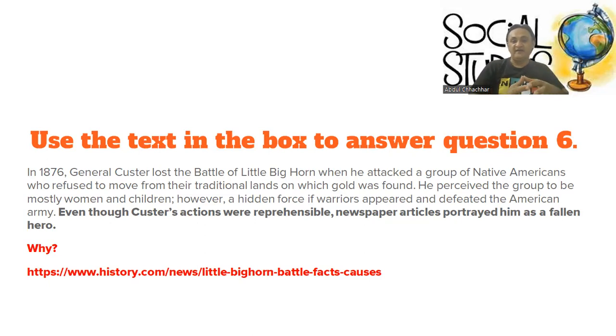That's why he lost. Even so, the US government portrayed him as a fallen hero. The question is why they wanted to do that. There's a link I'll be sharing in the description. And as a history student, for this type of question, you must read your books.